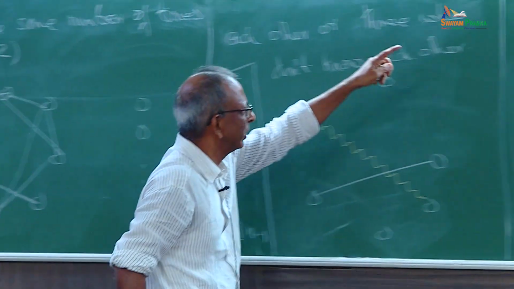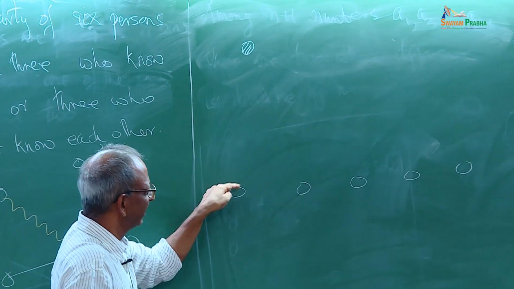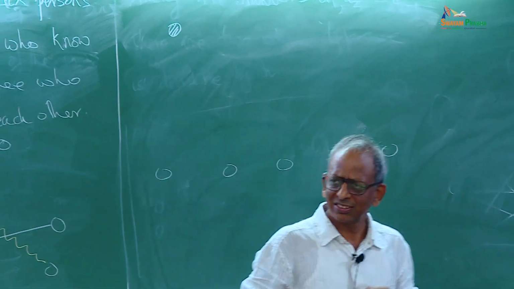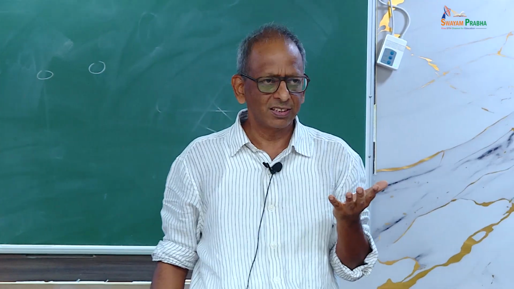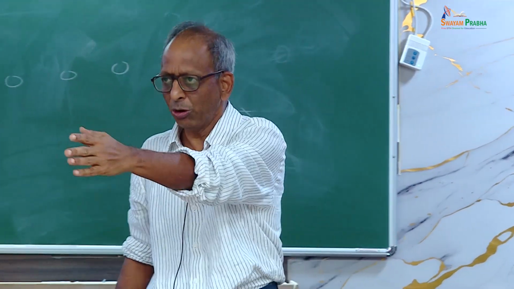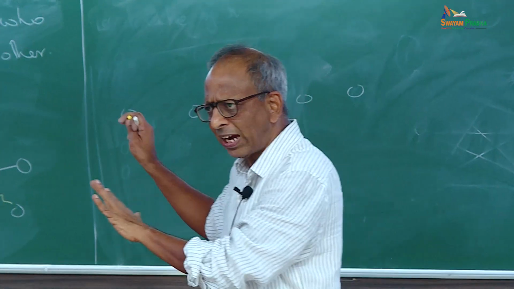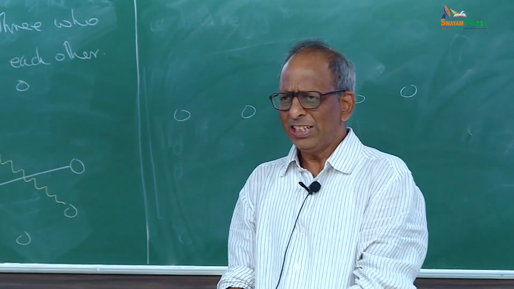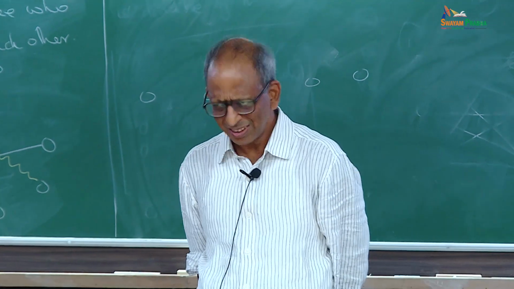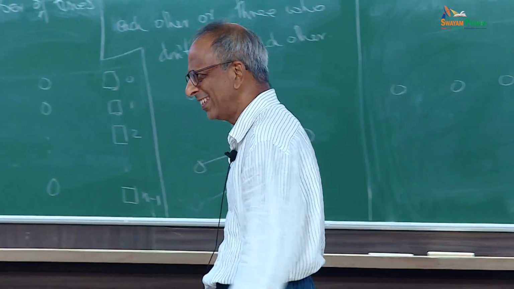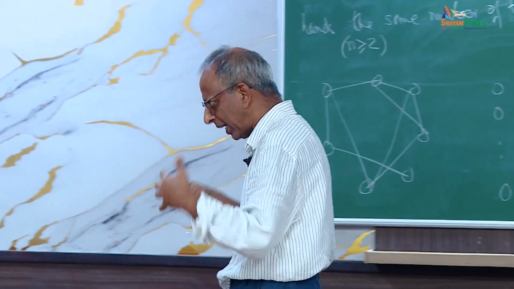And this vertex has edges to all these 5 vertices. Each of the edges is either wavy or solid. There are 5 edges out of those vertices. Each of those edges is wavy or solid. There are 5 edges out of that vertex. Each of them is wavy or solid.